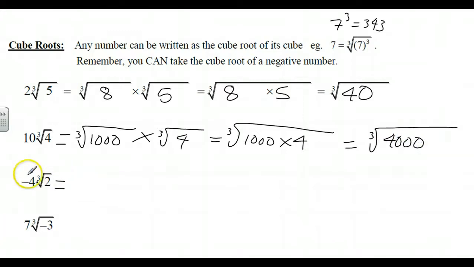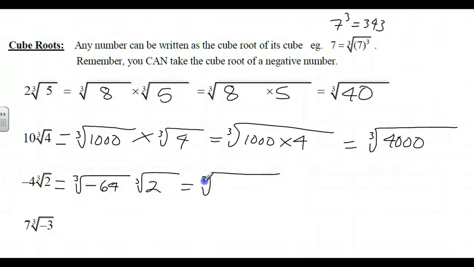Since it's cubing, the negative can come under a cube root sign, right? It's still going to be negative. Negative 4 quantity cubed is negative 64, times cube root 2. We bring them together now: negative 64 times 2, the cube root of negative 128.